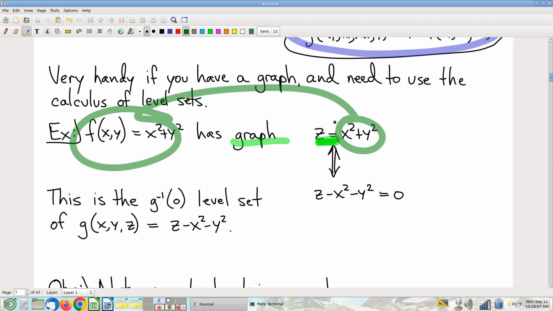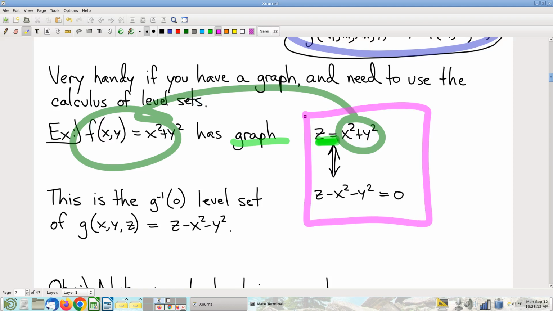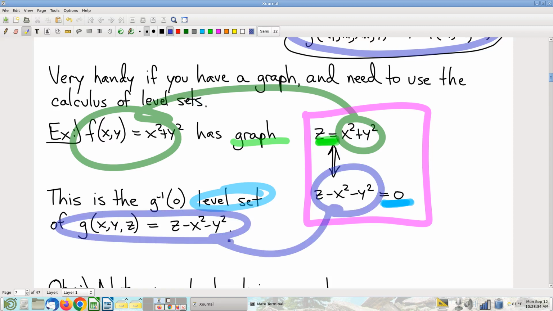If you wanted to use one of those level set tools, just do this one little bit of algebra. The algebraic trickery there is practically nothing. Just move all the terms over to one side and have equals 0. Choose your constant, it doesn't matter, on the right. And now, sure enough, we're looking at a level set of that function. So apply your calculus of level sets to this function, and you get to draw conclusions about the graph you had in the first place.